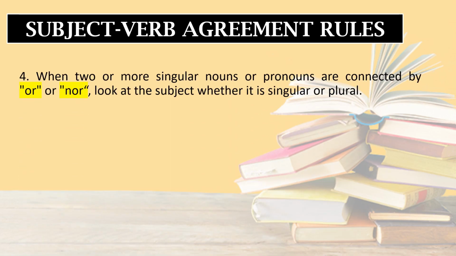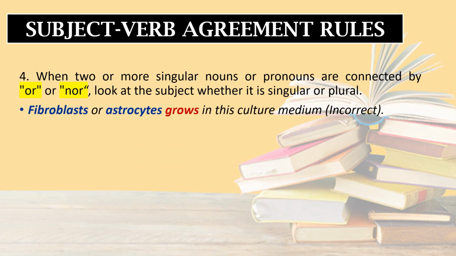We are now on the fourth rule of the subject and verb agreement. When two or more singular nouns or pronouns are connected by or or nor, look at the subject, whether it is singular or plural. For example, this is an incorrect sentence, considering that our subjects here are both plural.